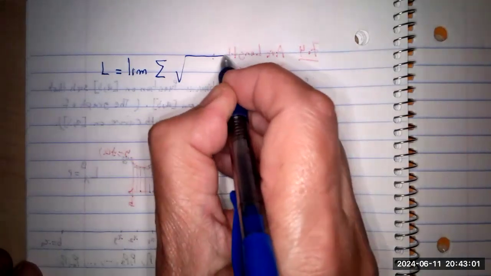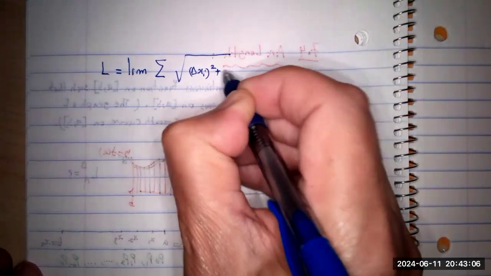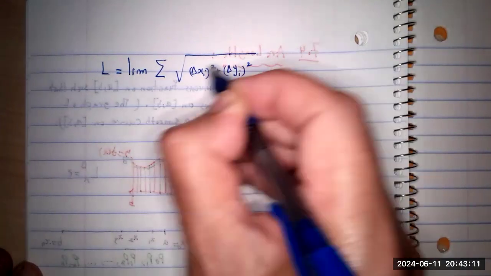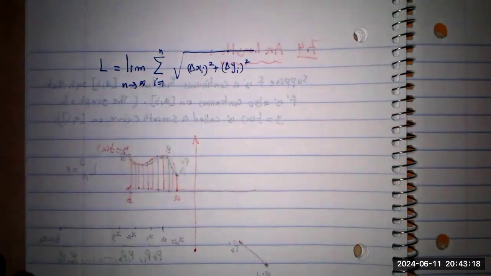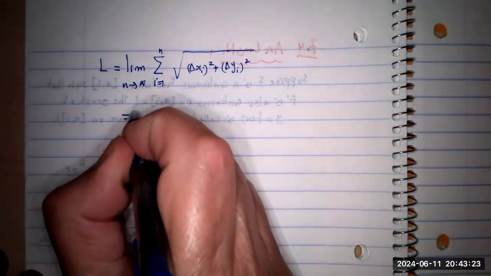So I substitute it here in the formula. This is L, the arc length. I repeat again, the arc length was the limit of the sum of the square root of delta xi squared plus delta yi squared, i from 1 to n, as n goes to infinity. So that is the formula. Now I'm going to substitute from the mean value theorem that I got.